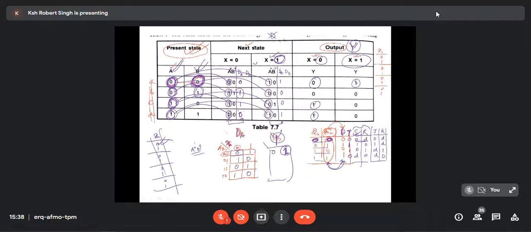Because DA, DB, I am intentionally including here in the truth table, which they have not included in the book. Why? Because they understood that A and B itself is my DA, DB. That is why in the book they don't include DA, DB.